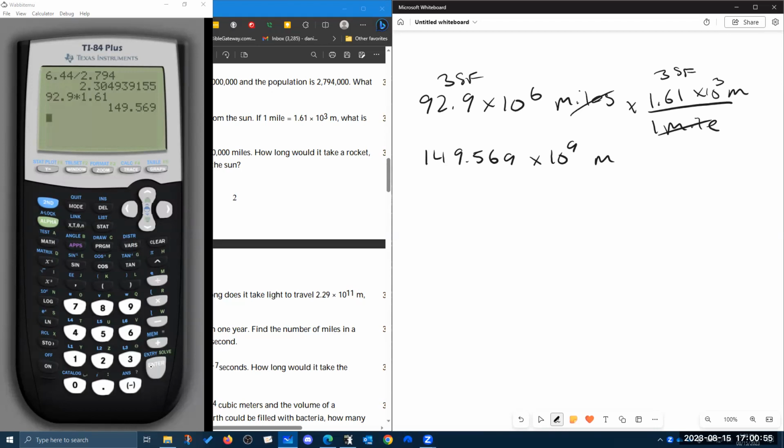So that's going to be about 150 billion meters, or 1.50 times 10 to the, let's see, 9, 10, 11 meters.